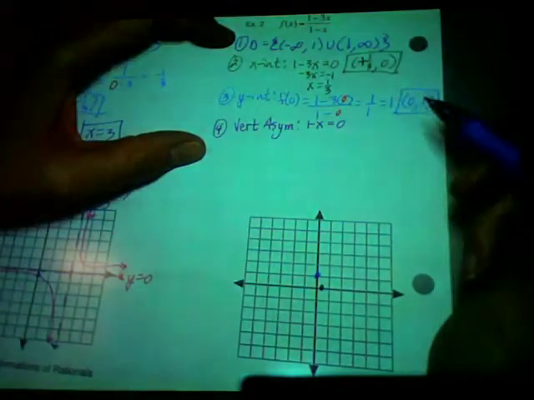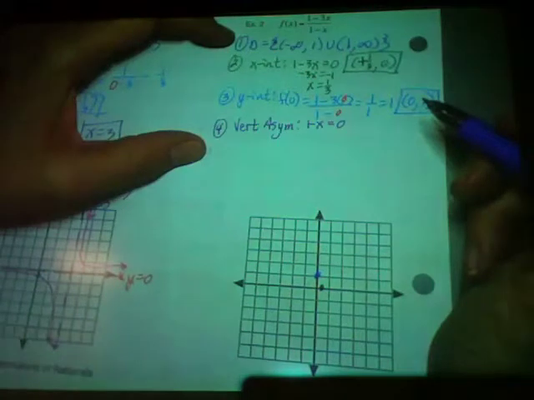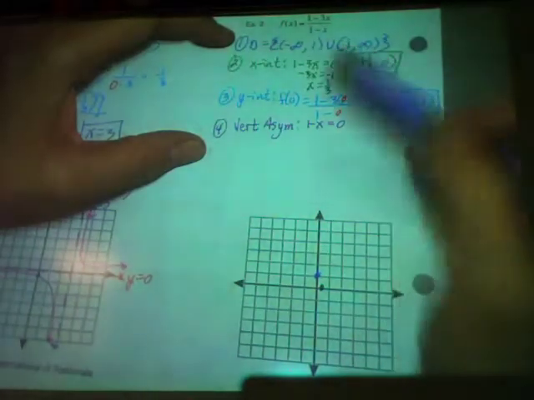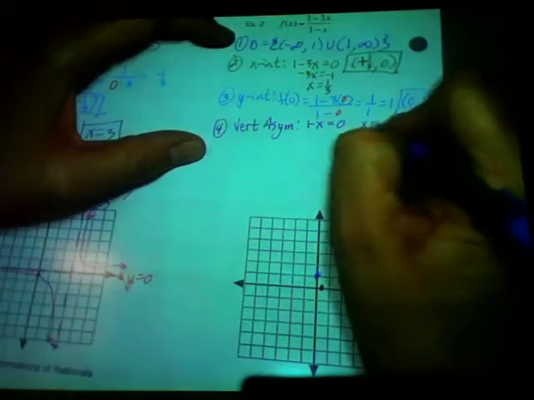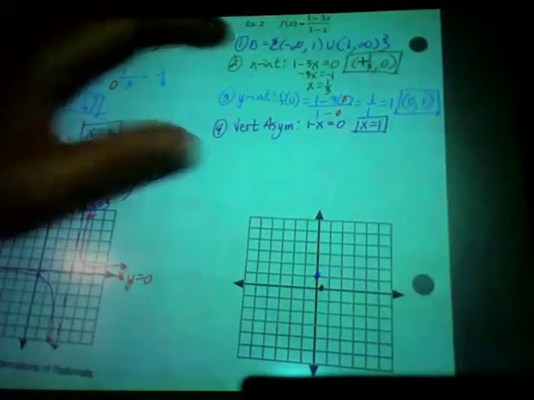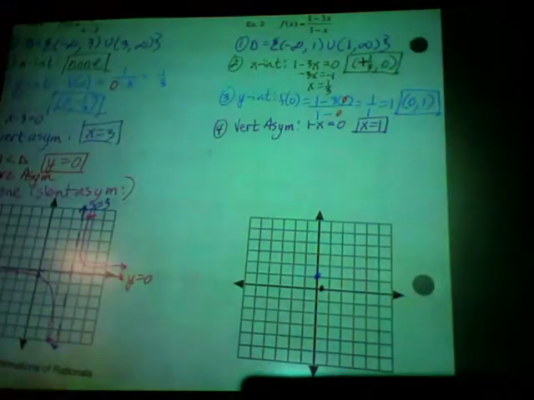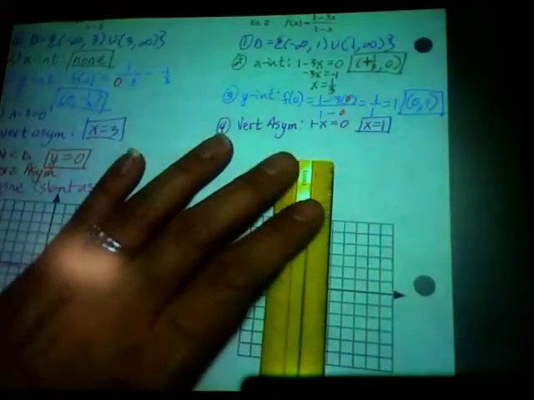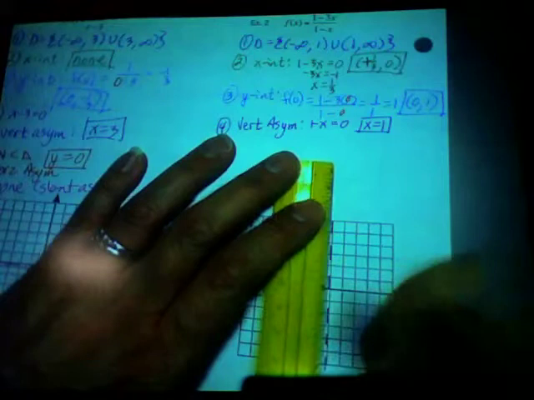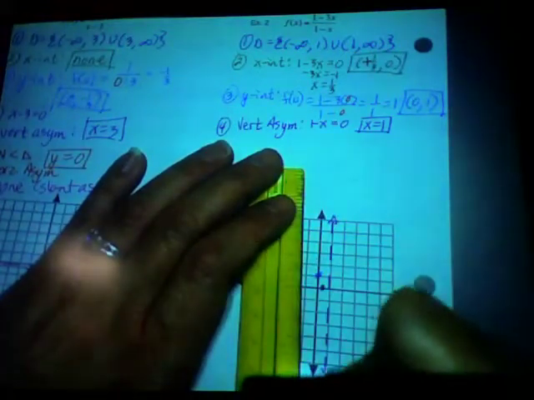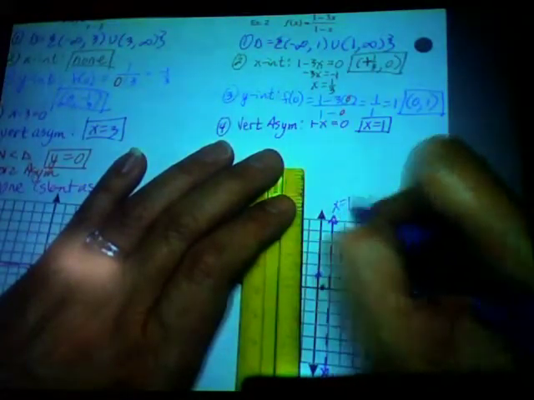And what do we end up with? Up here in our domain, what do we end up with? 1. Yeah, so our vertical asymptote is x equals 1. So we're going to go ahead and plot that in here right now as a dotted line. And label it.